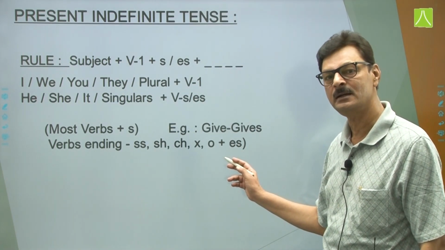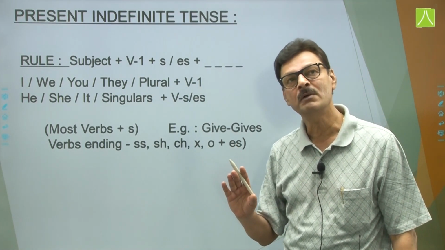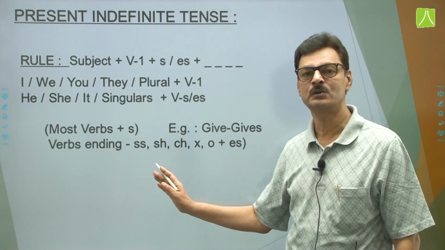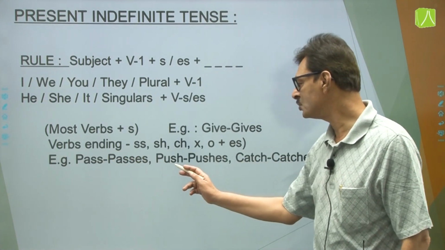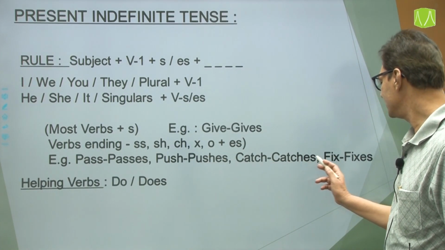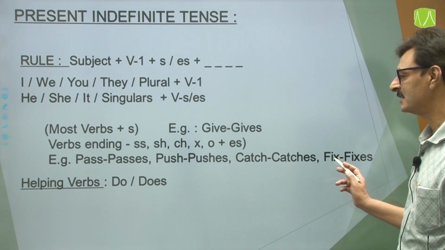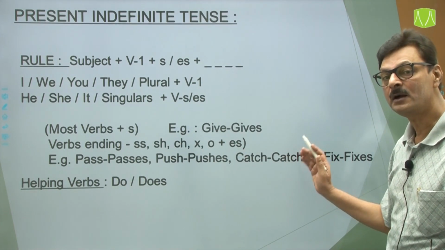इस चीज को याद रख लेना. Basics है, most of the students might be knowing. Those who have confusion, this is the way you have to remember. For example, pass, passes, push, pushes, catch, catches, fix, fixes. So this is the way the verbs take the ES form. और कब लेते हैं?